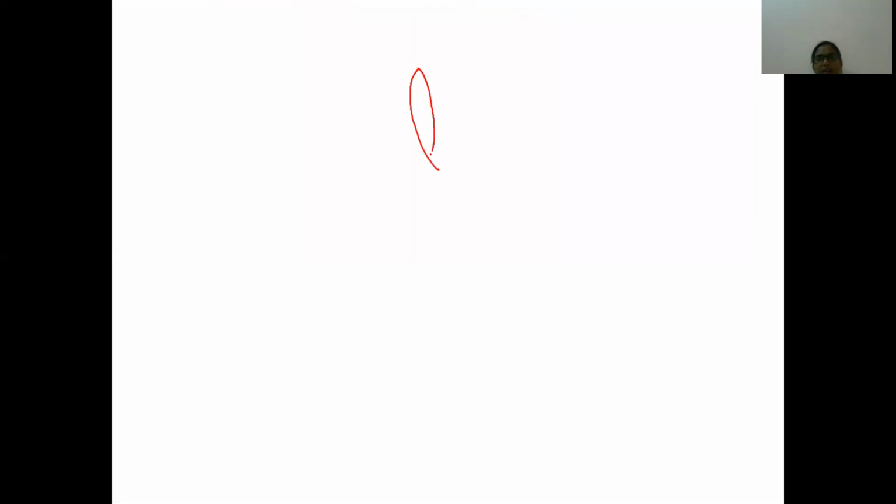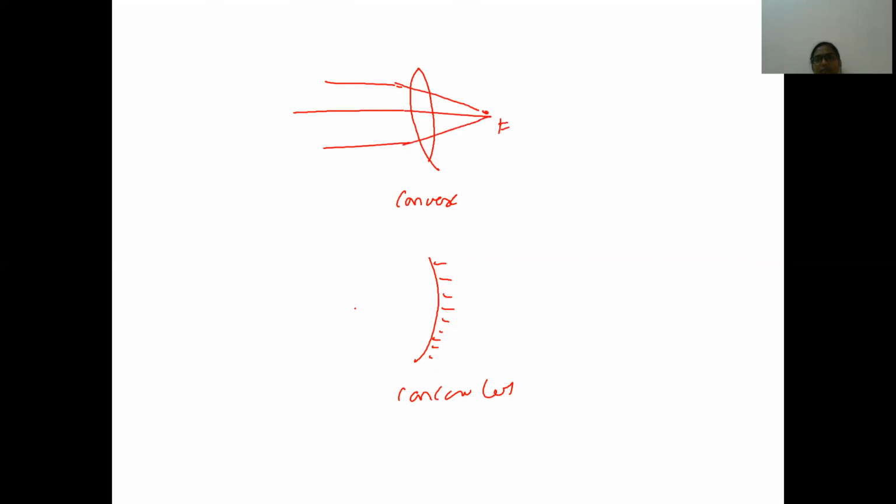See, if you take a convex mirror, in case of concave lens, it will behave the same as a concave lens. Try to remember these two are similar. Here, when you pass the rays from infinity, they are going to meet at focus. But here, when the rays are coming from infinity, they also meet at the focus in front. Here it is the opposite end, that's all, because it is a lens.